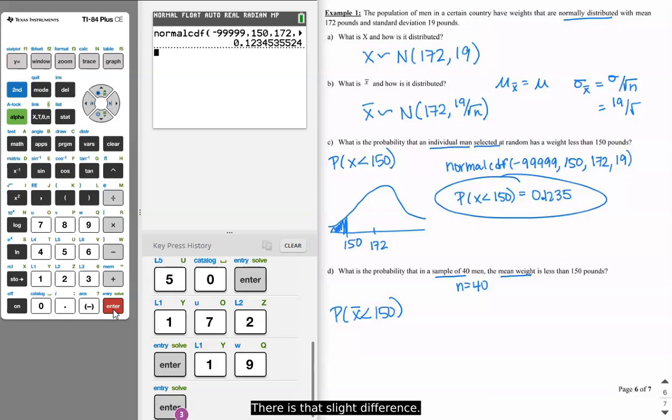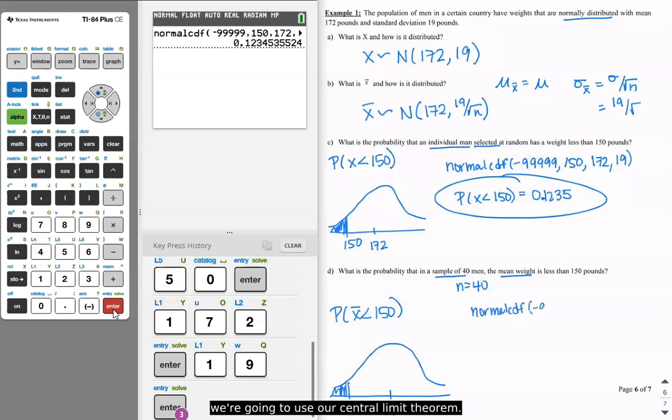So there is that slight difference. And so when I again draw this, I have the 172. The 150 is still somewhere down here, shaded down. So when I now use my normal CDF, we're going to use our central limit theorem.